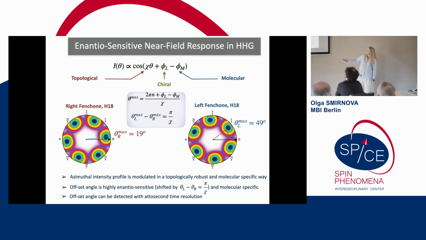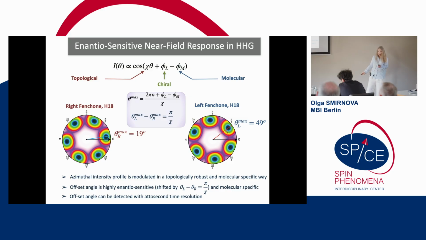And indeed, if you look at the angle at which you have the maxima of the signal, you can show that in left and right molecules, the difference between this angle is exactly pi divided by the topological charge. So this angle is basically the topologically protected quantity.